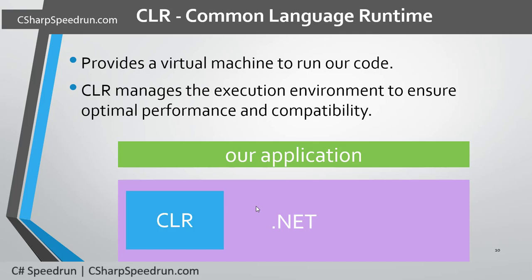The CLR is at the heart of the .NET framework. It provides a virtual machine to run our code, and it ensures that our application has optimal performance and compatibility across different operating systems. Another critical job of the CLR is to provide garbage collection, which frees up memory and other resources automatically.